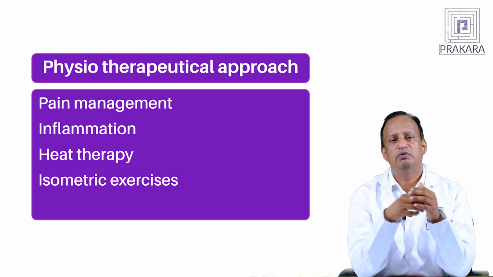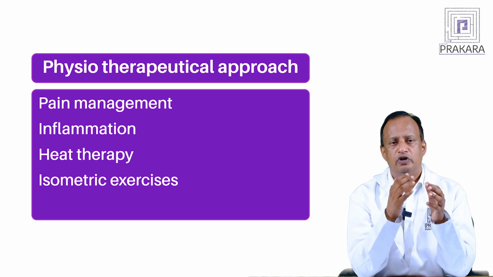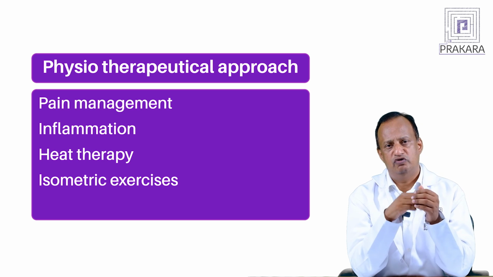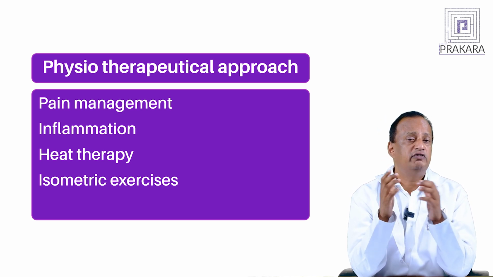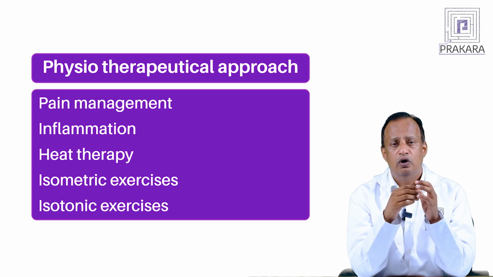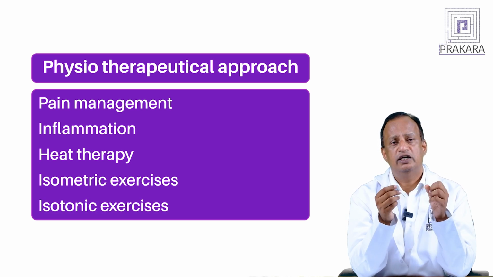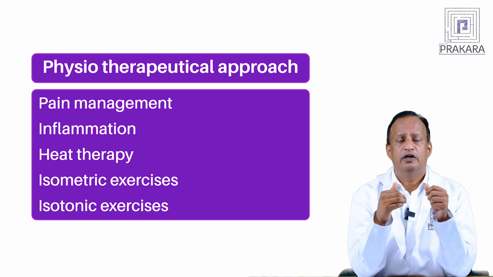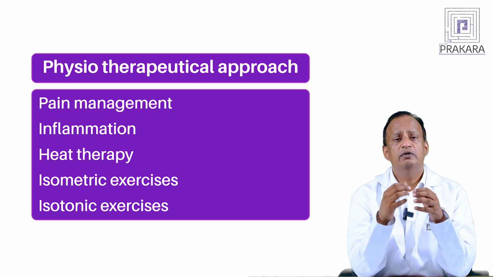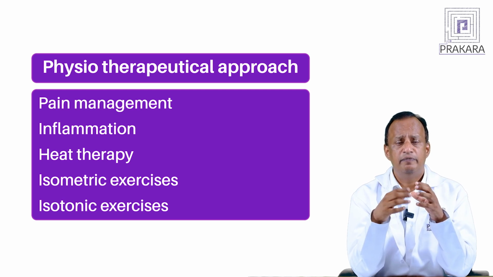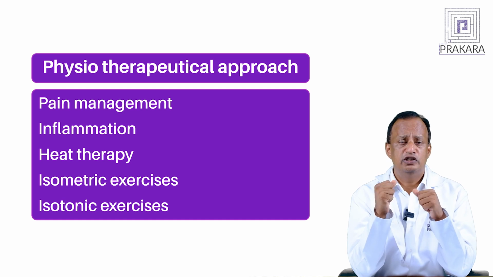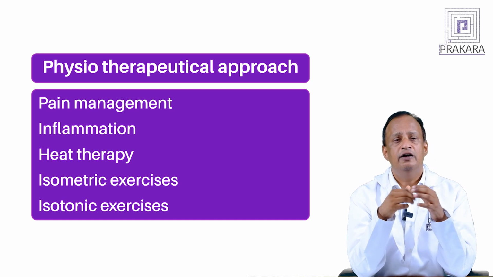We'll be going for isometric contractions of the quadriceps, isometric contractions of the hamstrings, and then we can go for selective range of isotonic exercises, which can be associated with training the joints with weights, and we'll be looking at increasing muscle strength by providing resistance.